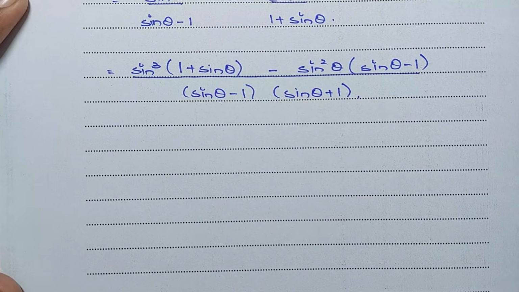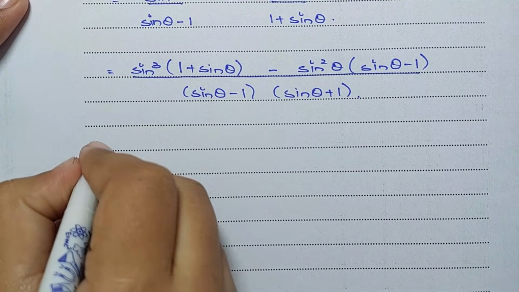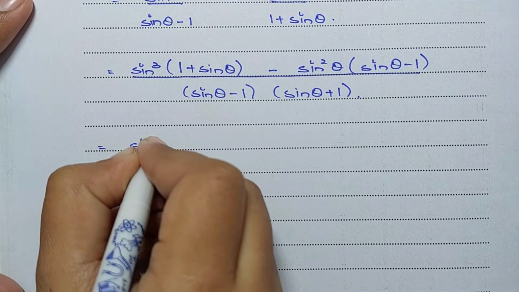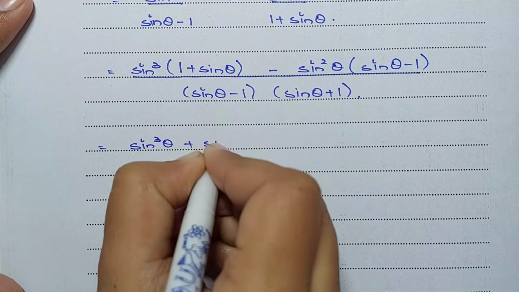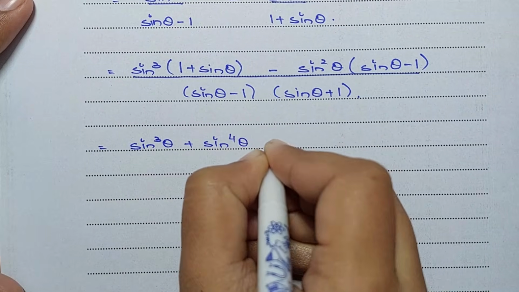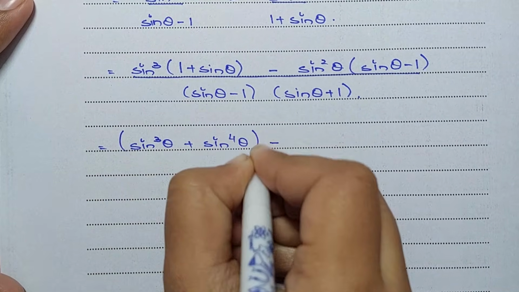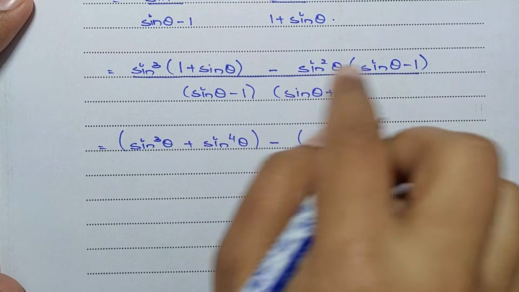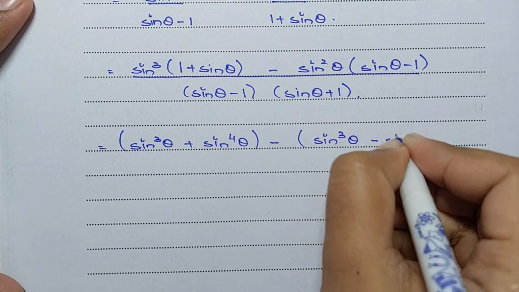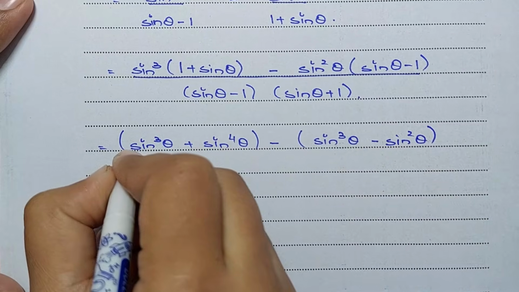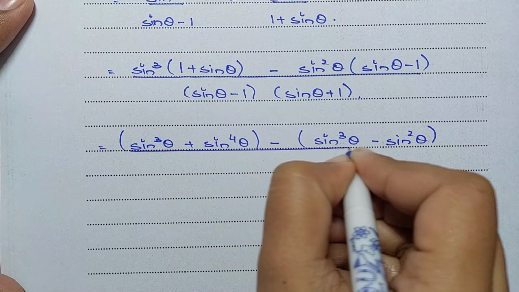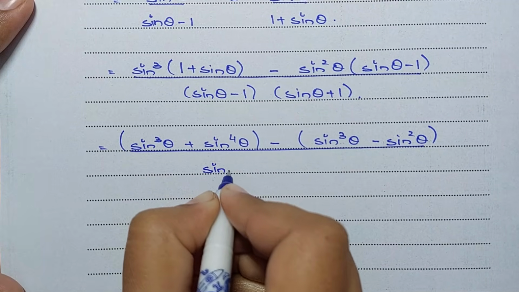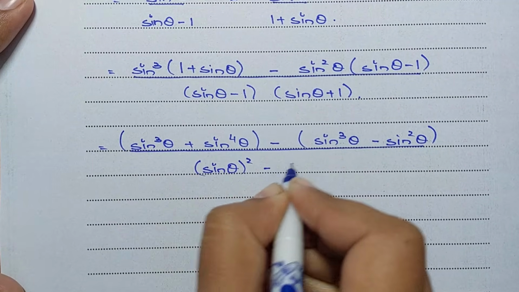Now here we apply the difference of squares formula. First, sine cube theta into 1 gives sine 4 theta, minus sine cube theta into sine theta, and we have minus sine square theta, and the whole thing is divided by a plus b into a minus b, which is a square minus b square.